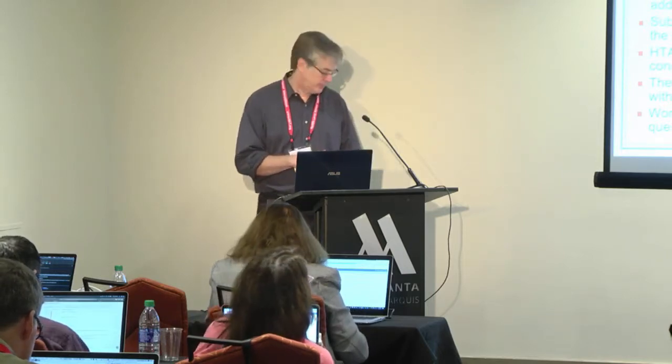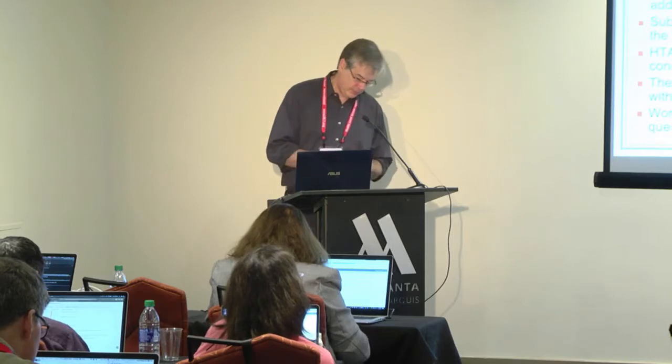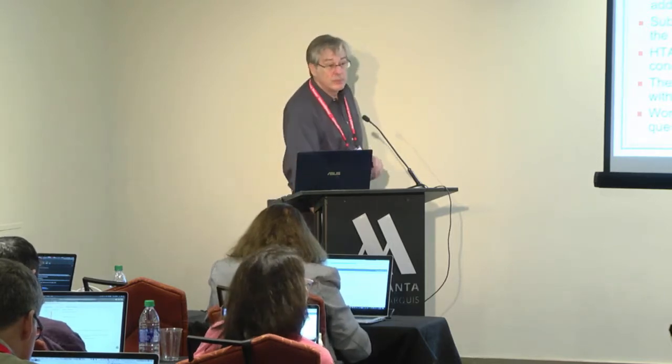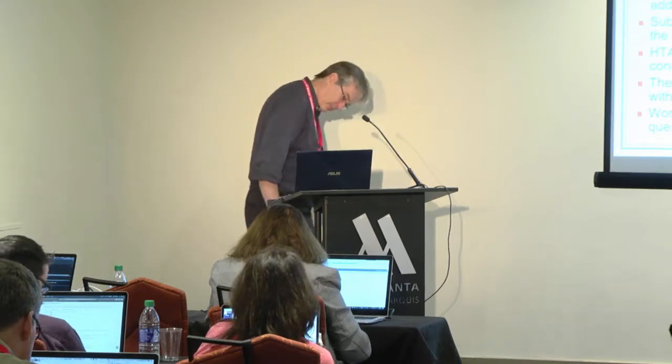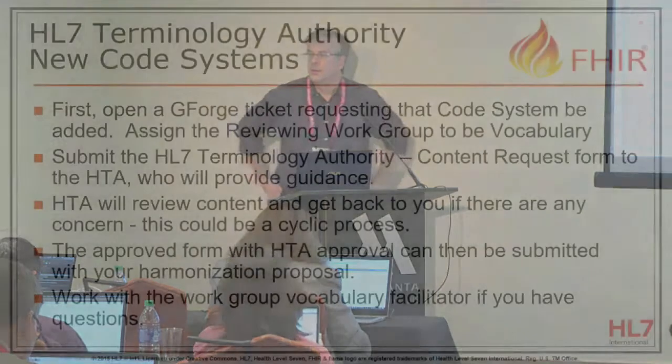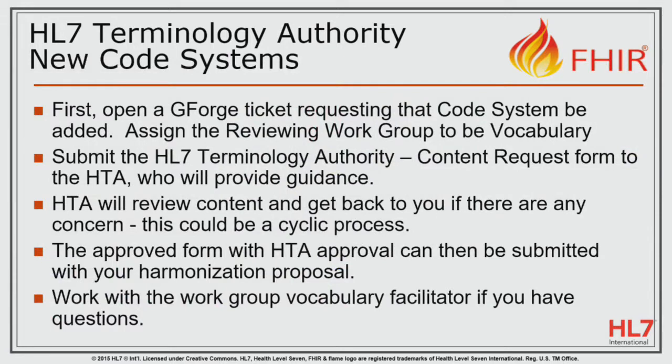There's two parts to this. The first is that in order to use a code system with FHIR, you actually need to have an agreement about how that works. You know, what the URLs are and what are valid codes and what are valid displays. And that's the first part that HTA gets involved with. And if you have a code system that you are publishing, you can just go ahead and make up those things yourself and describe them.